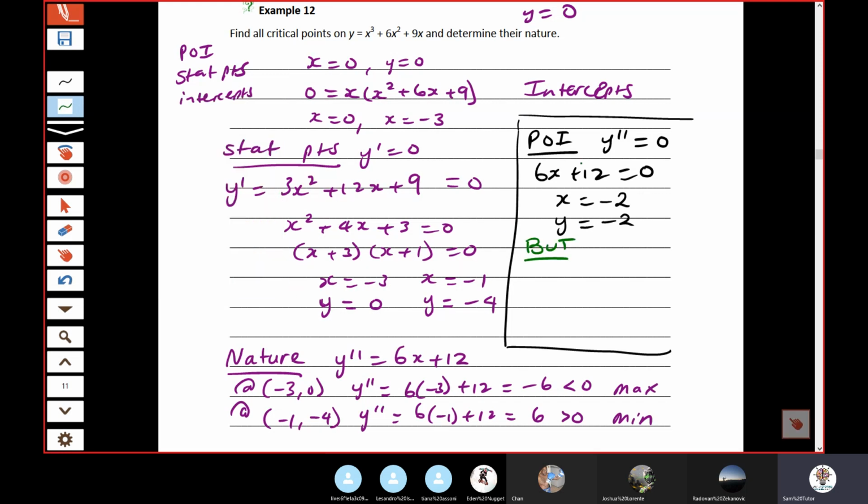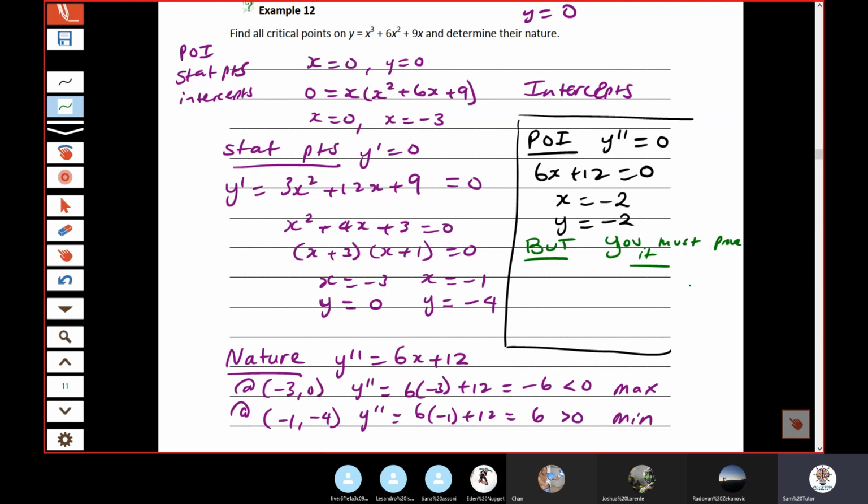But with these guys, with points of inflections, you must prove it. You must prove it. So all you've done is just some math. You just differentiated something. I mean, you can differentiate a third time if you want, or a fourth time. So what? You just made it equal to 0.